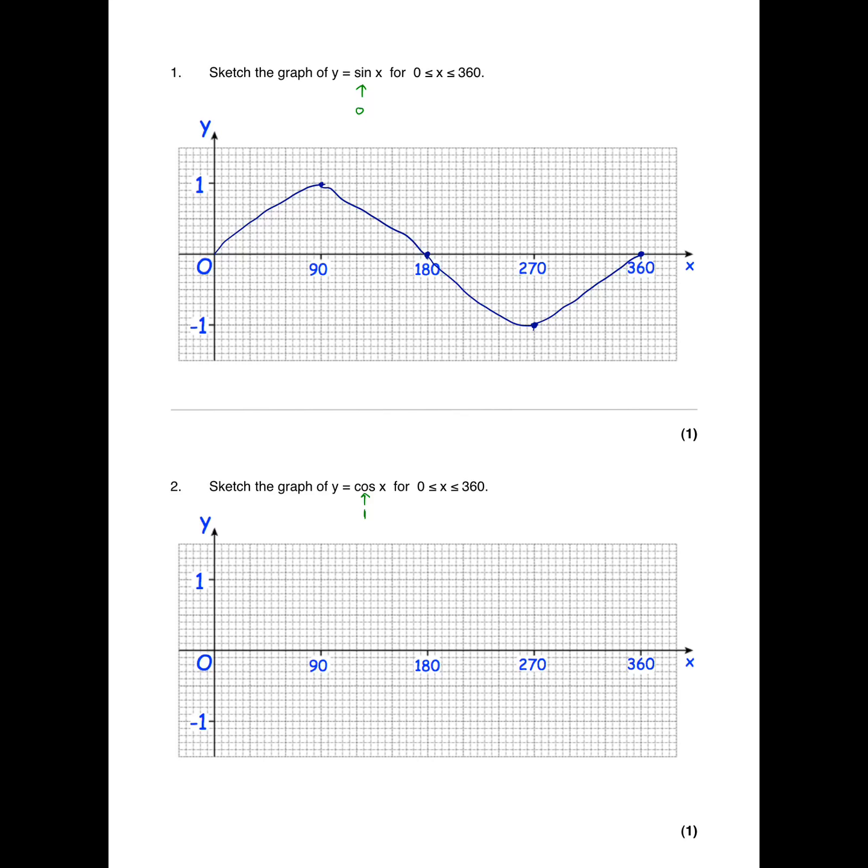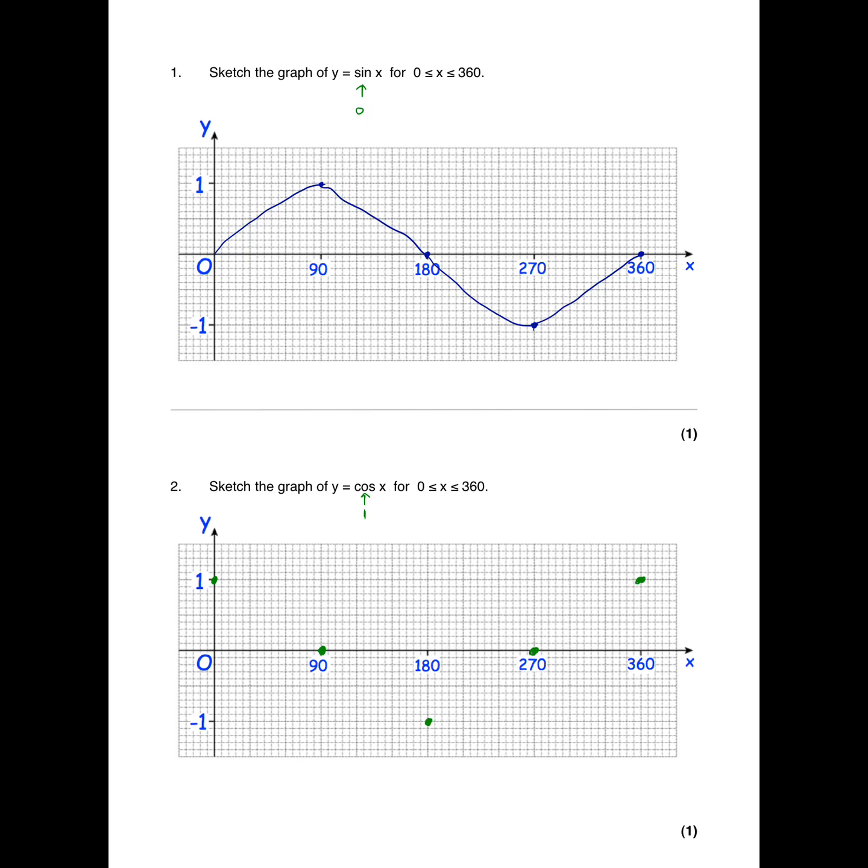This time, when I come to draw the graph, 0 there at 1, cutting through the axis at 90, reaching its minimum value of -1 at 180, back through the axis at 270, and having its maximum value here at 360.